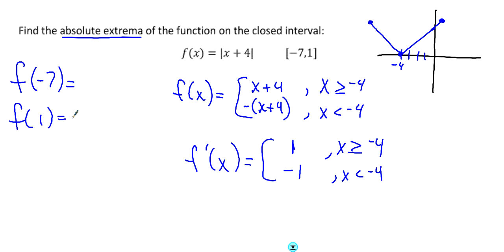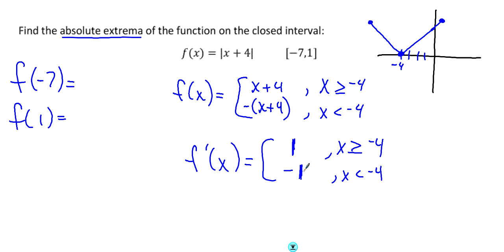Well, the derivative is undefined where it is not smooth or continuous. So for this function, I'm going to have to check this point at negative 4. That is a critical point because my derivative is undefined there. You can see very clearly the slopes here do not match. On one side it's positive 1, on the other side it is negative 1.